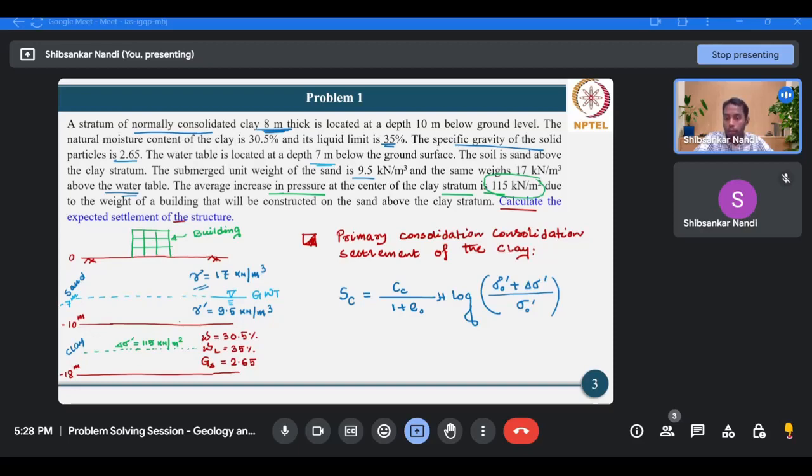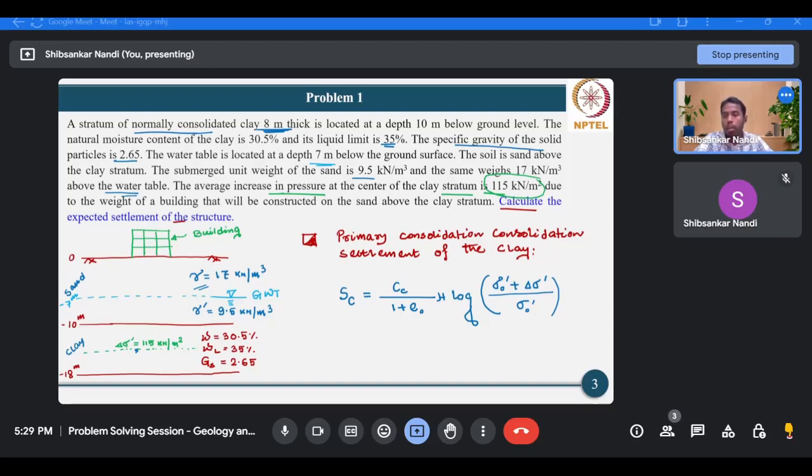Suppose for a consolidation problem, we have to calculate the effective overburden pressure at the center of the stratum for which we are trying to calculate the primary consolidation. So obviously, the effective overburden pressure would be from the ground surface up to the mid depth of the clay stratum. Okay, so I hope it's clear.